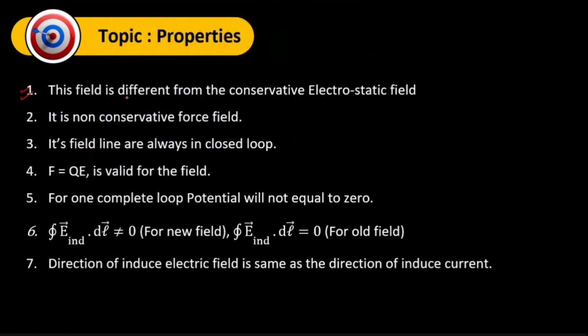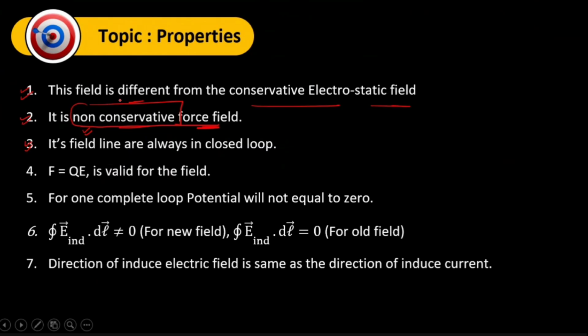So we try to understand the properties of these things. The field is different from the conservative electrostatic field. I'm talking about the induced field here. It is a non-conservative force field. Now this word non-conservative is something on which I can conduct a whole class. I would say that it is something which doesn't depend upon the path.